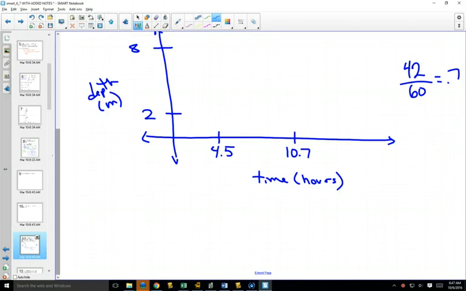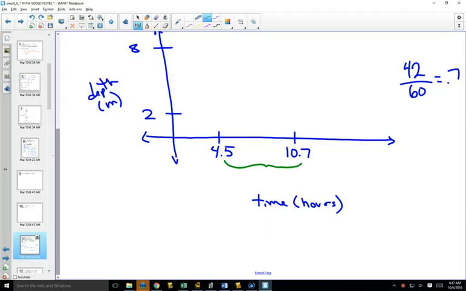So that's how we could change that to a value that we could work with, 10.7. Now notice between those two is how much? Up 6.2. And this is the only information we have.